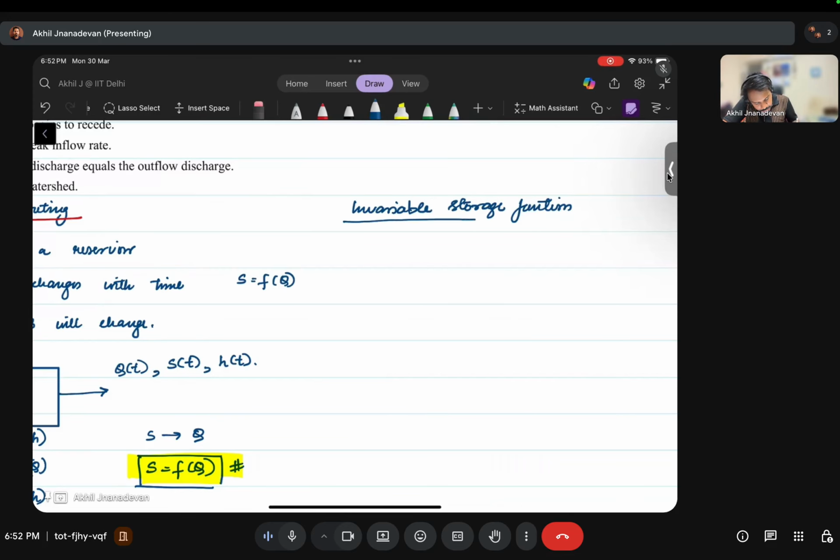In the case of an invariable storage function, we have S is equal to F of Q, right?